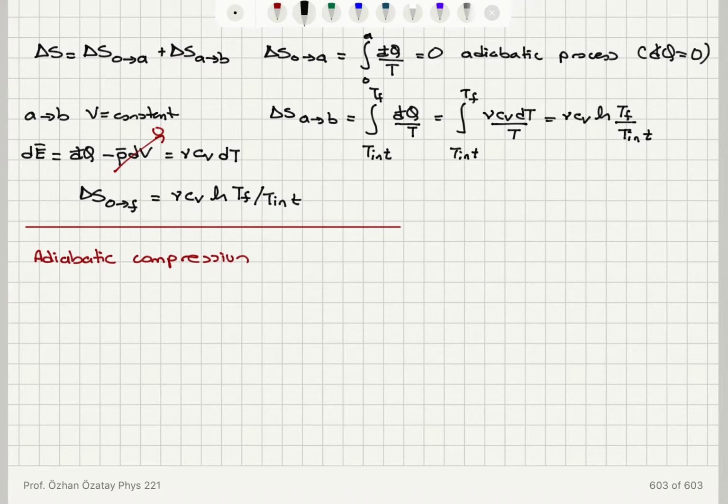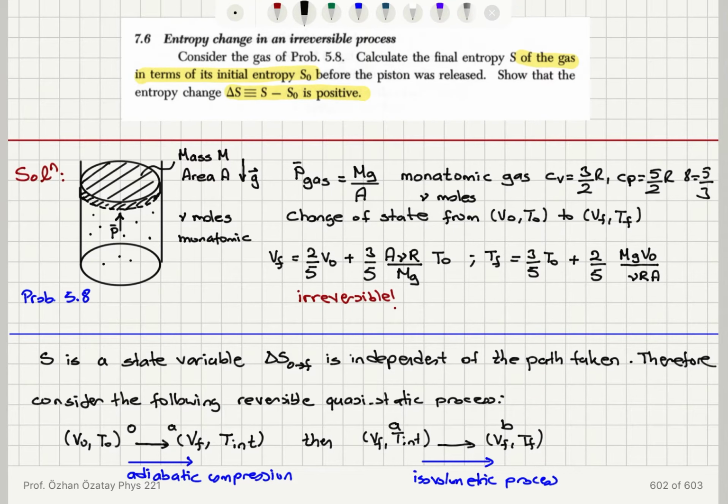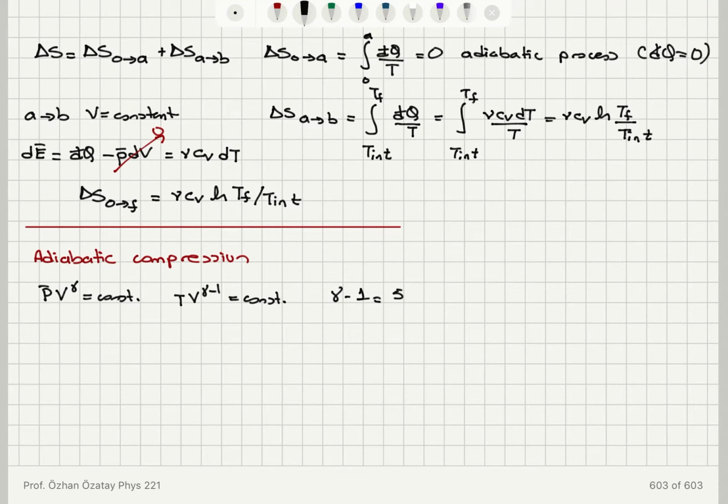In this process, I have pressure times P bar volume to gamma is a constant, or temperature times volume to gamma minus 1 is a constant. So that's a property of the quasi-static adiabatic process. And if I calculate gamma minus 1, since this is a monatomic ideal gas, gamma is 5 over 3, it is 5 over 3 minus 1, which is 2 over 3.